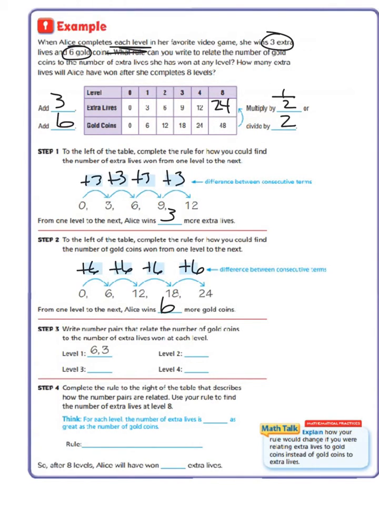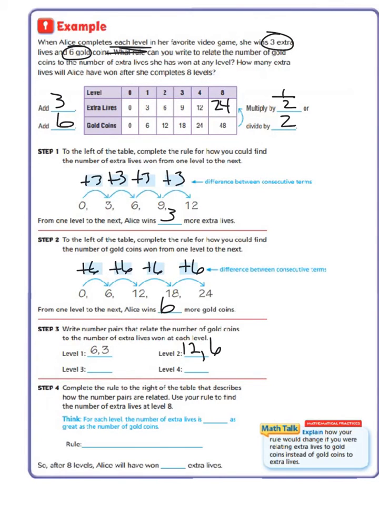So now let's take a look at step 3. Write number pairs that relate the number of gold coins to the number of extra lives won at each level. So on level 1, it is gold coins, extra lives. So it's 6 and 3. Level 2 is 12 gold coins, 6 extra lives.